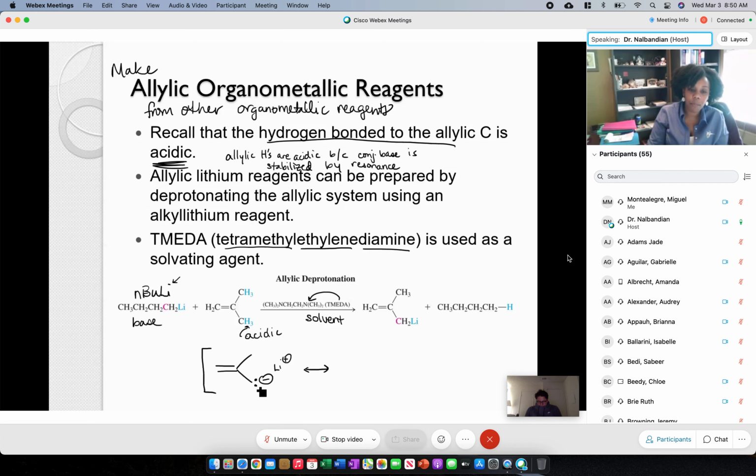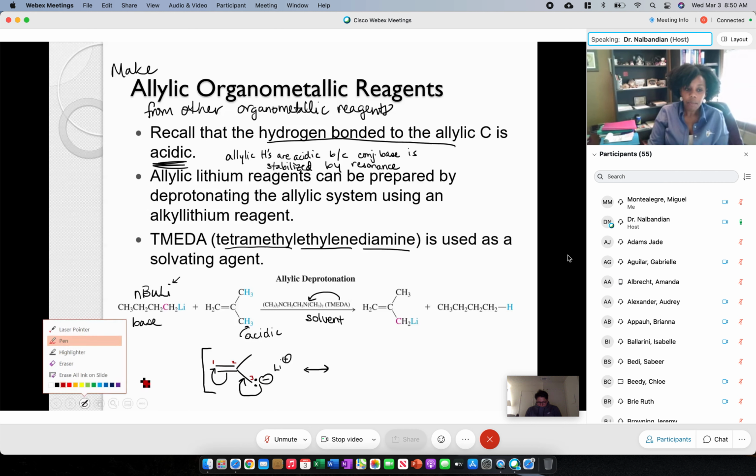What's our resonance form? Well, from the lone pair into the middle of the bond, right? We start where we have an excess of electron density. Where you have a negative charge, that's an excess of electron density. And then from the lone pair to this carbon on the end, we don't move around carbon. So 1, 2, 3. We don't change where any of the carbons are. The only thing we can change is where the electrons are.